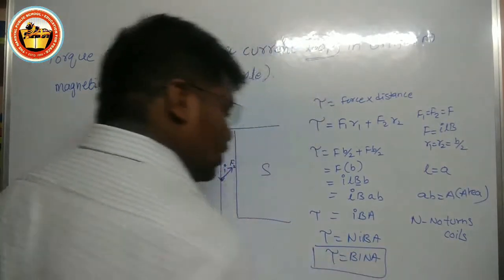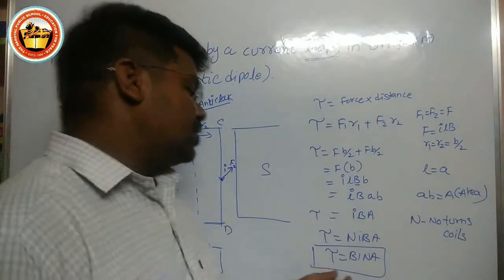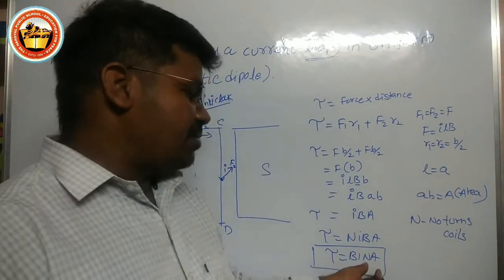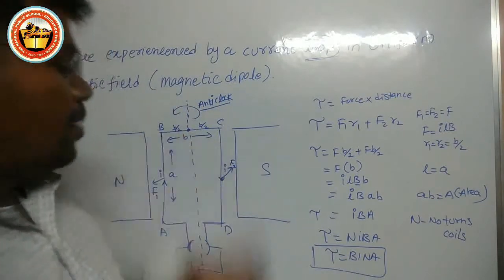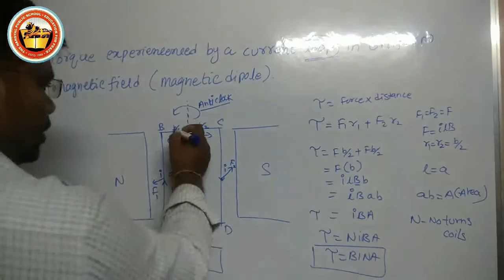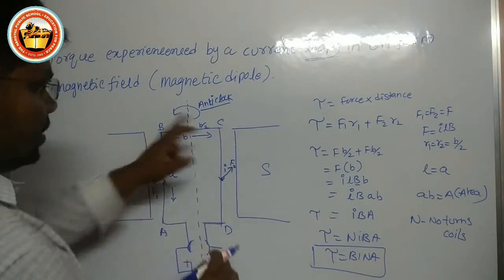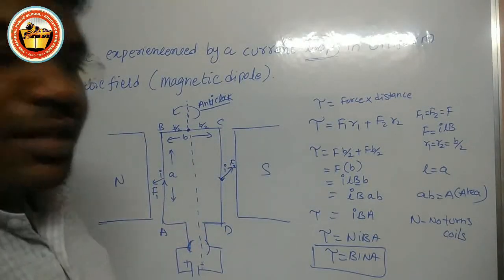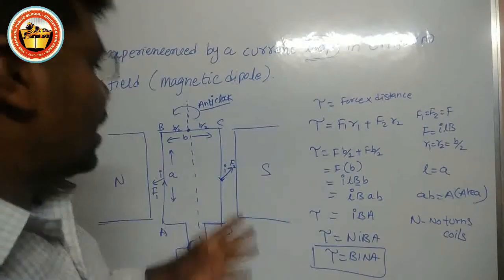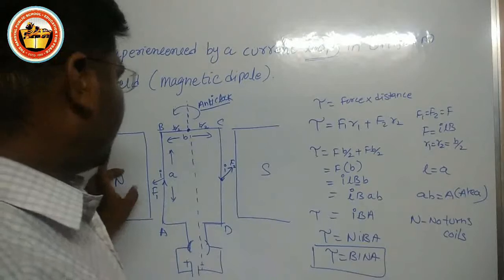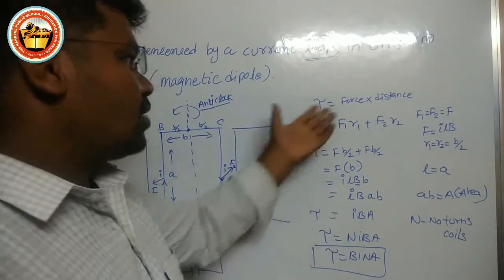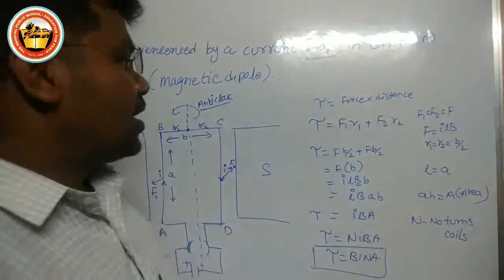Understand, my students? Tau is equal to BINA, where B is the magnetic field, I is the current, N is the number of turns, and A is the area of the loop, the area of the rectangular coil ABCD. So simply, consider two magnetic poles, north and south, with a rectangular coil placed between them. It experiences torque, which is force into perpendicular distance.